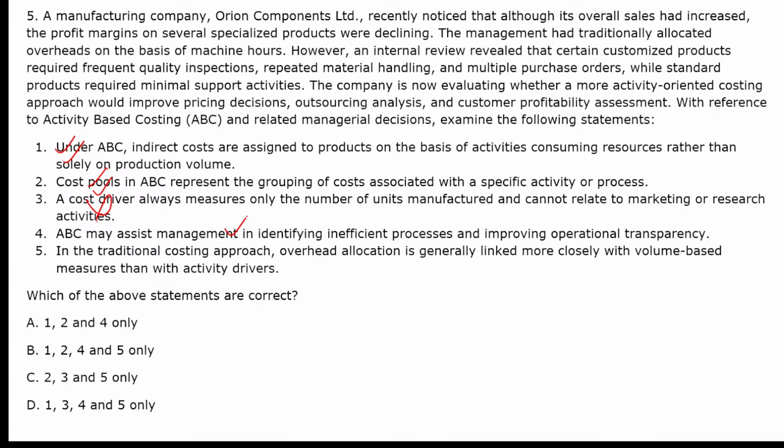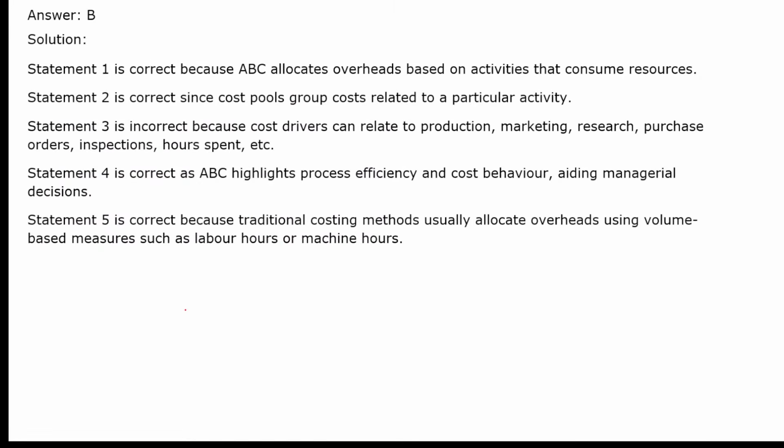Correct. In traditional costing approach, overhead allocation is generally linked closely with volume and measures the activity drivers. Correct. So only 3 was incorrect. So B is the correct answer.